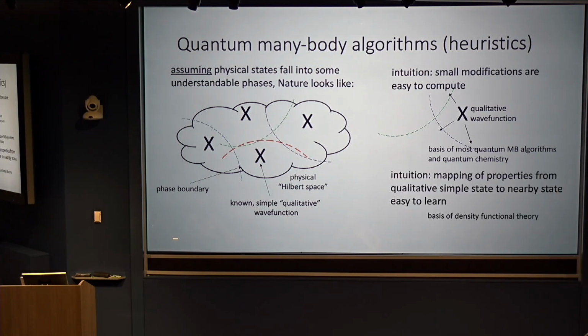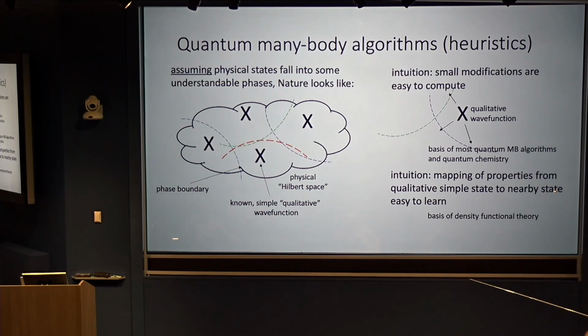Another common approach, which nowadays you might describe as more of a machine learning approach, is you say that you can compute all the properties that you're interested in at this simple, analytically understandable point, or very simple, qualitatively correct point, and then perhaps you can learn a map from the numbers you're computing to the precise numbers you want of the material that you're interested in.